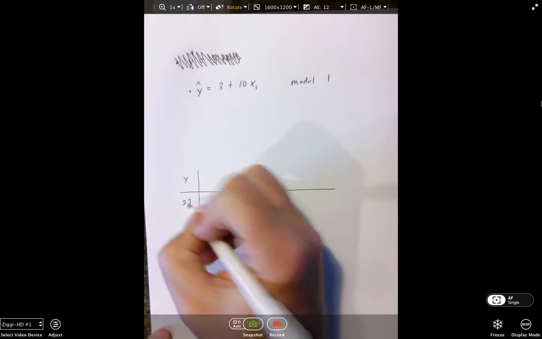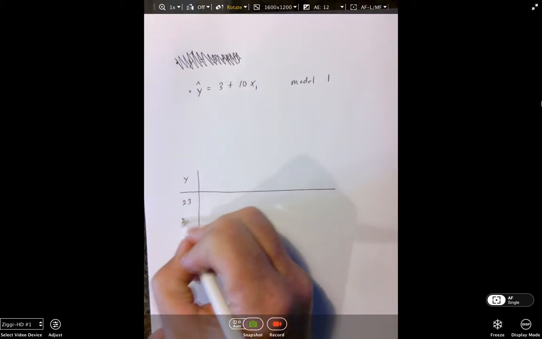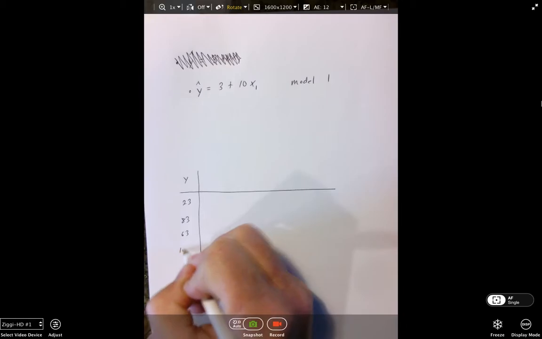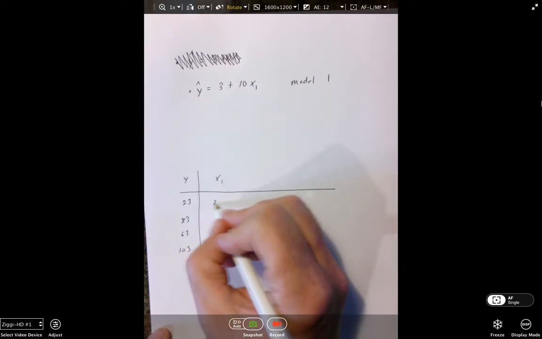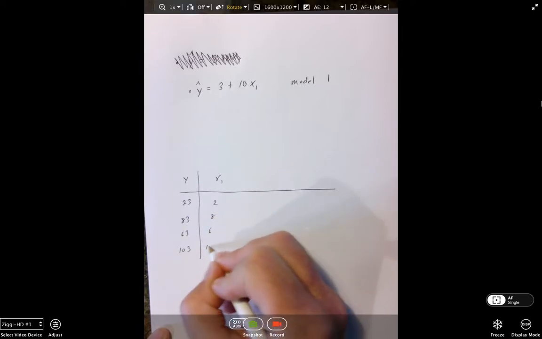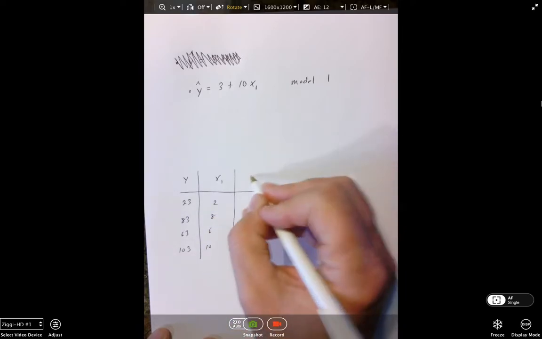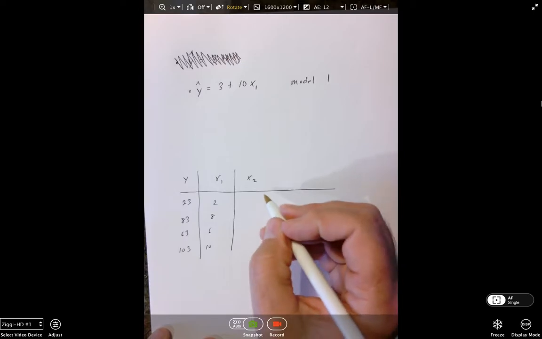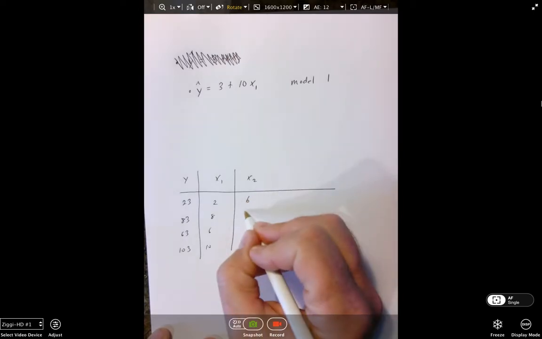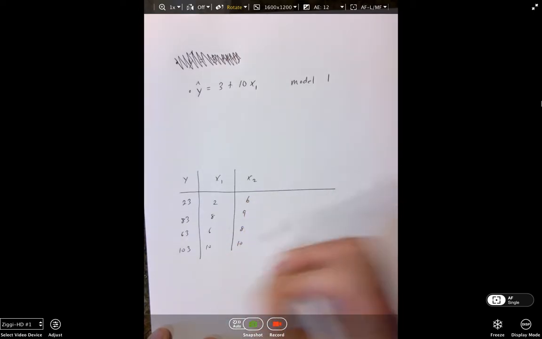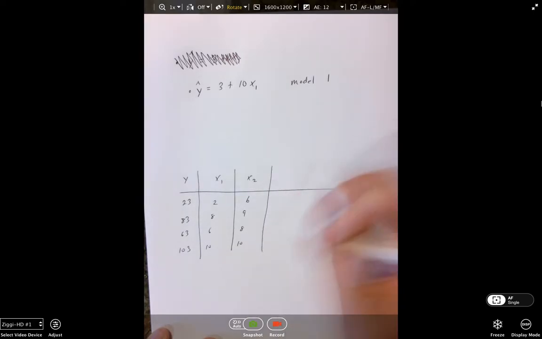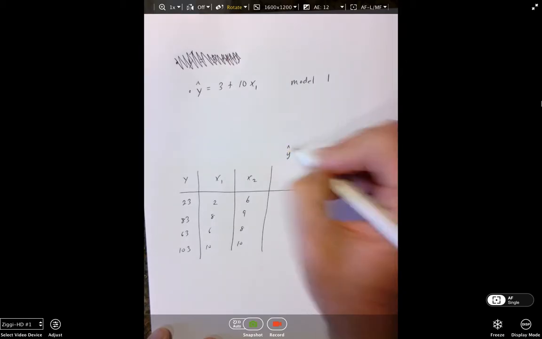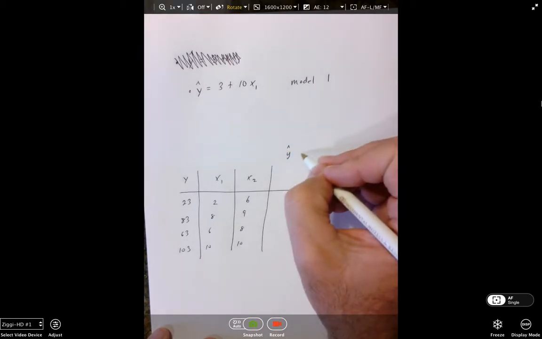So we've got 23, 83, 63. The next one is 2, 8, 6, 10. And x2 is 6, 9, 8. And we're going to look at the predicted for model 1.